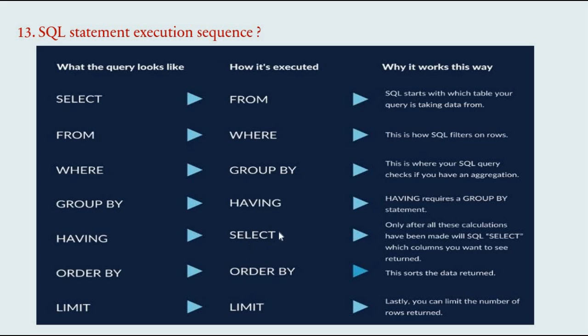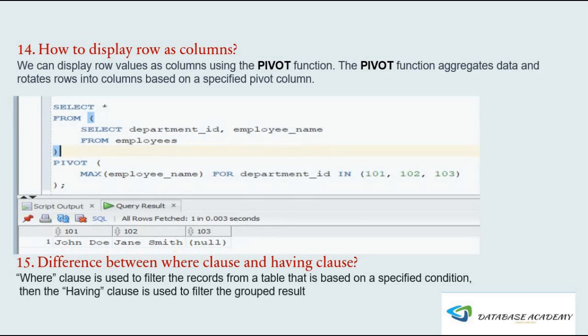Then after that the select statement, or the columns which we need to display, come into the picture. Then after that order by, which sorts the data. And finally the limit clause is used to limit the number of rows when we are fetching the data from the select statement. So this is how the execution sequence is performed when we execute any select statement internally.